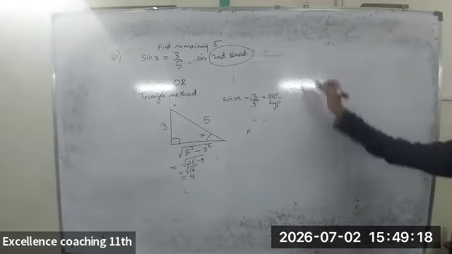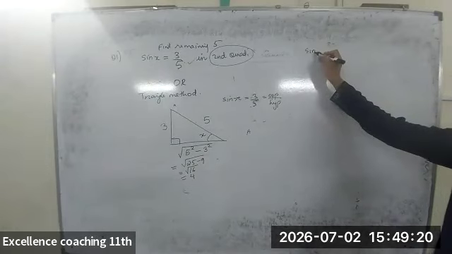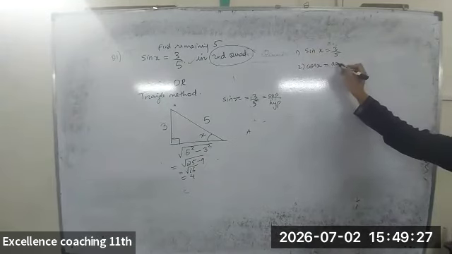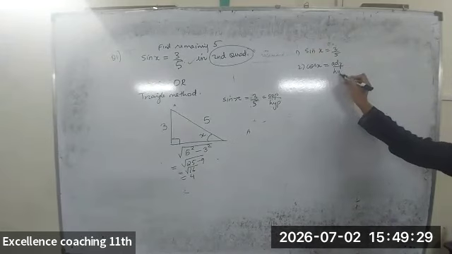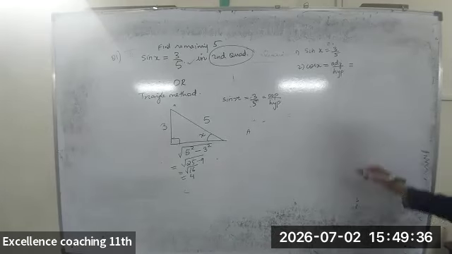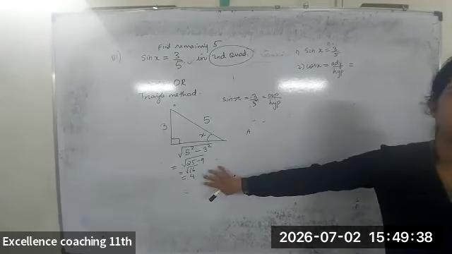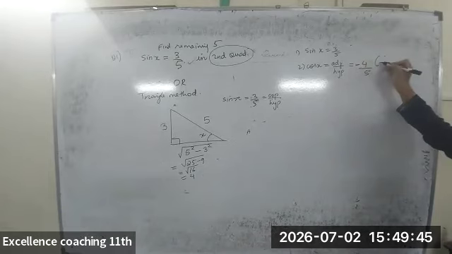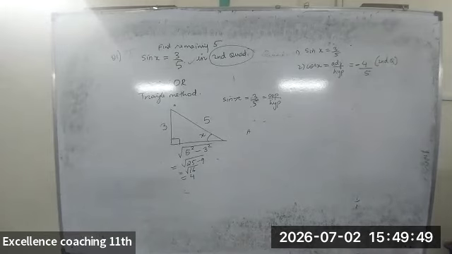Sine we already know. Next we'll start with cos x. Cos x is what? Adjacent upon hypotenuse. Who is the adjacent side? 4. And use a minus sign since it is the second quadrant. Don't forget to put the signs.